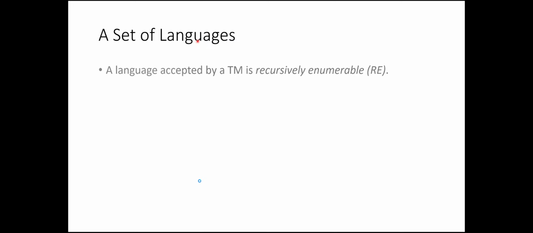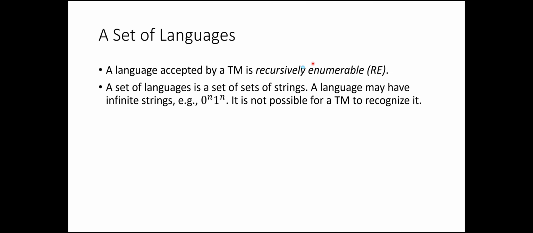So we know a language is a set of strings. Okay, a language accepted by a TM, we call it recursively enumerable, or RE. So a language accepted by a TM is called RE. Okay, and a set of languages is basically a set of sets of strings, because each language is a set of strings.